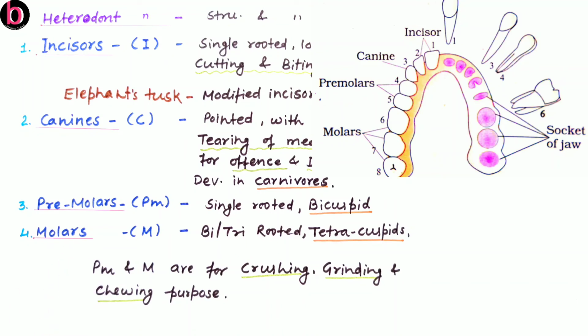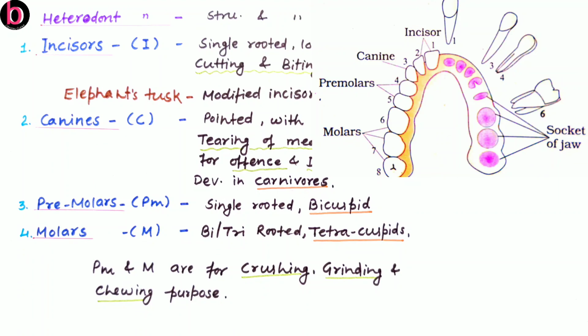Next, the last one is molars. They are denoted by the letter M. They have either two or three roots, as you can see in the diagrams. They have four cusps, that is why they are tetracuspid, and it is mainly premolars and molars which are responsible for crushing, grinding and chewing of food material.